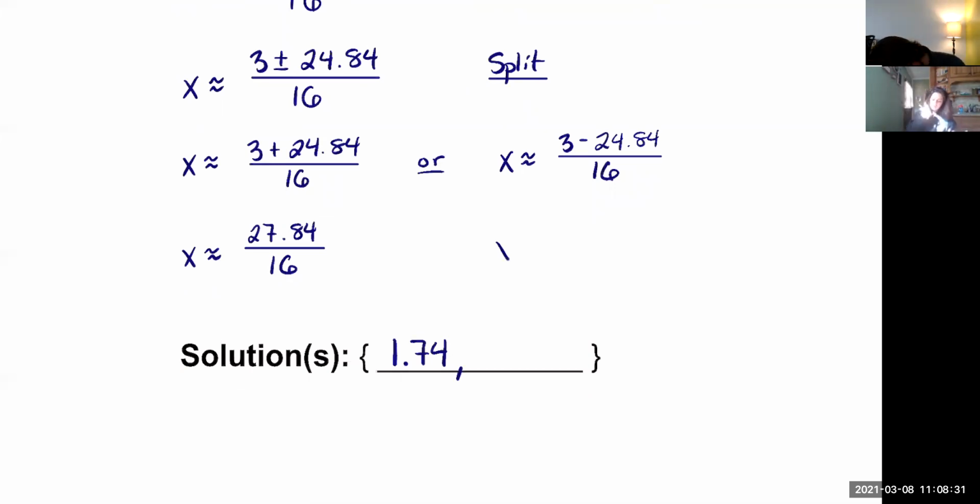Then on to the second one here. 3 minus 24.84 gives me a negative 21.84. Divide that by 16. Negative 1.37. Tara's nodding as well. Good.